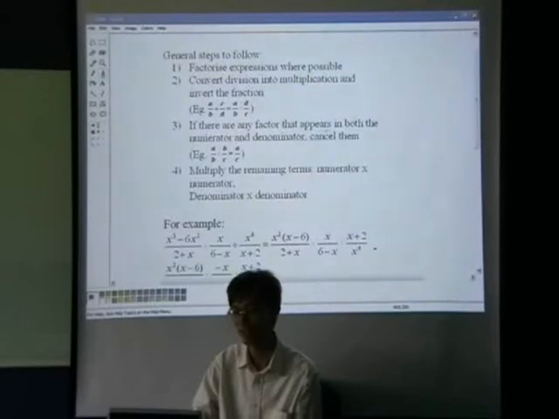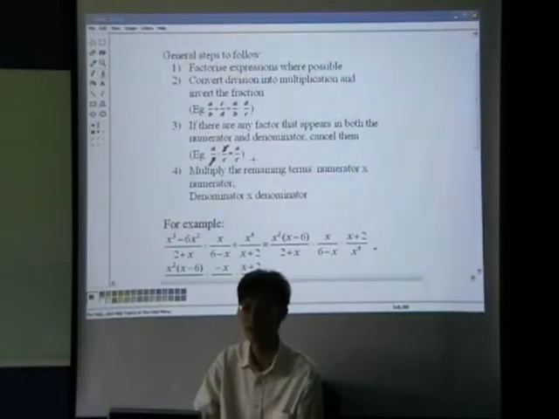If there is any factor that appears in both the numerator and denominator, we can cancel that off. For example, a over b times b over c, we will be able to cancel the b and therefore it gives you a over c.